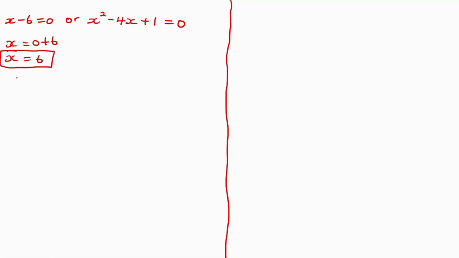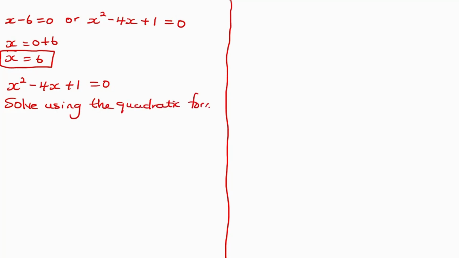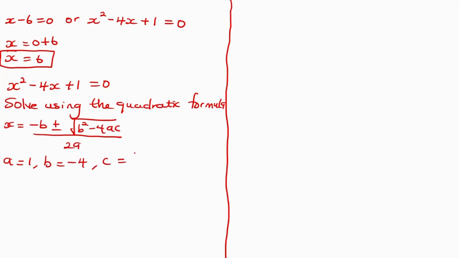So let's solve this part. We have x squared minus 4x plus 1 is equal to 0. We are going to solve using the quadratic formula. We know that x is equal to minus b plus or minus the root of b squared minus 4ac, all over 2a, whereby a is 1, b is equal to minus 4, and c is equal to 1.